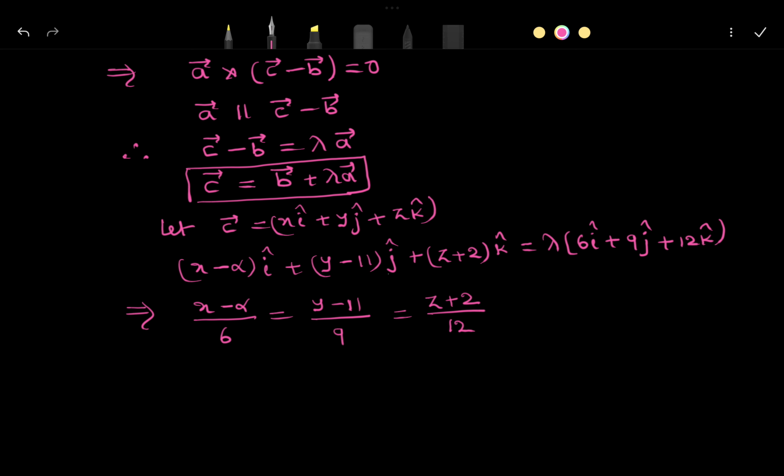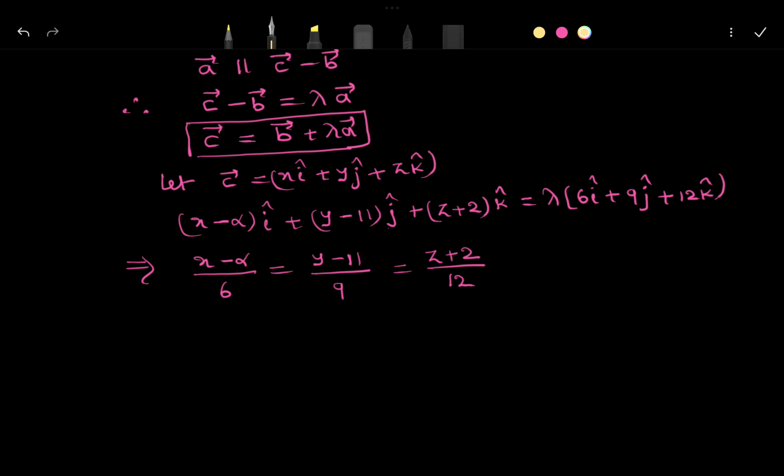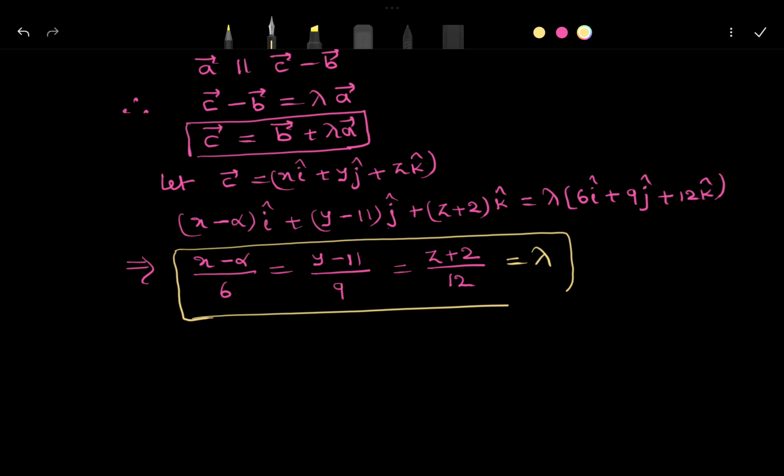All these values will be equal to the constant lambda. So I hope everyone is clear up to this point.